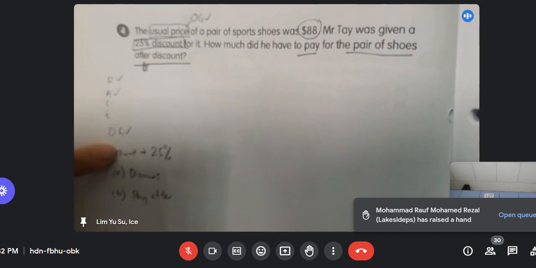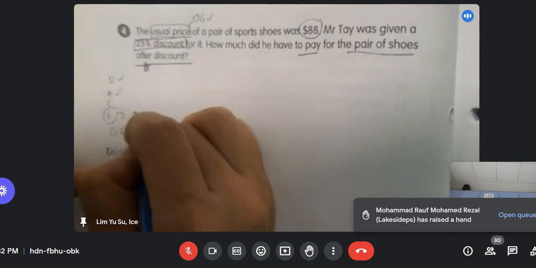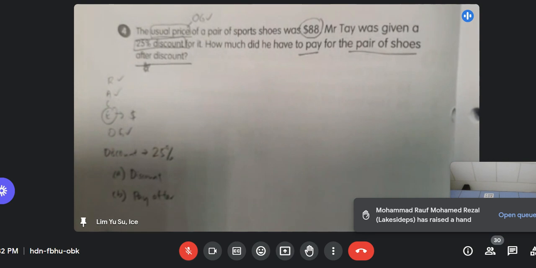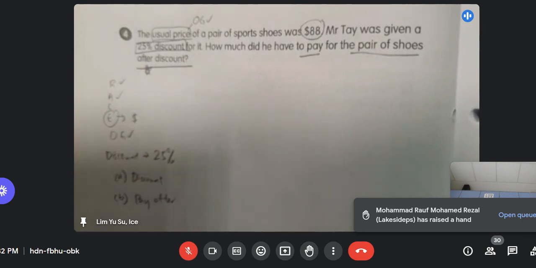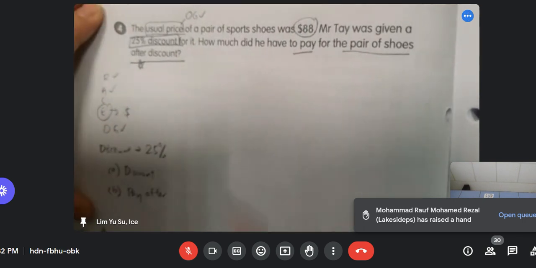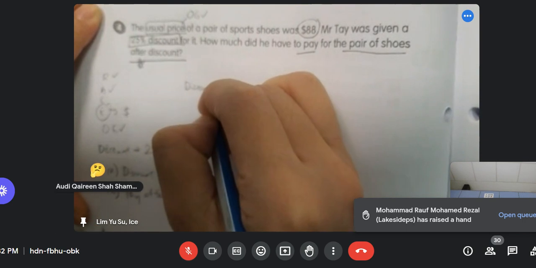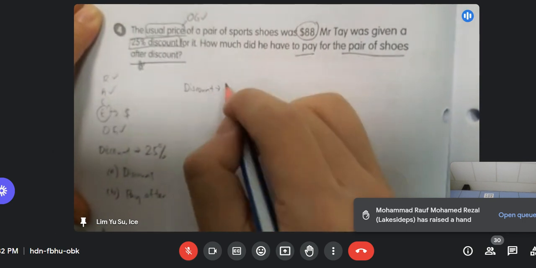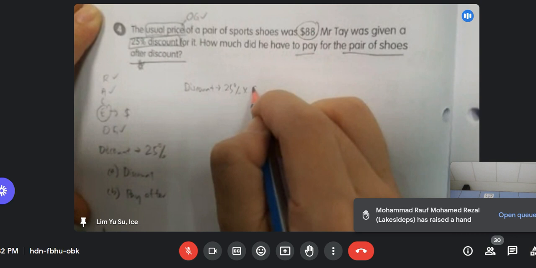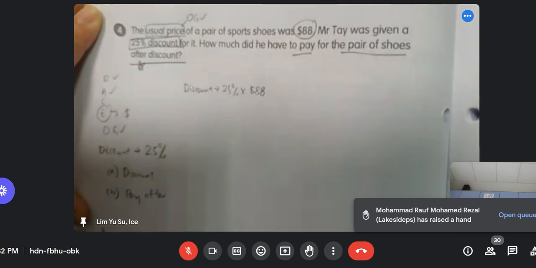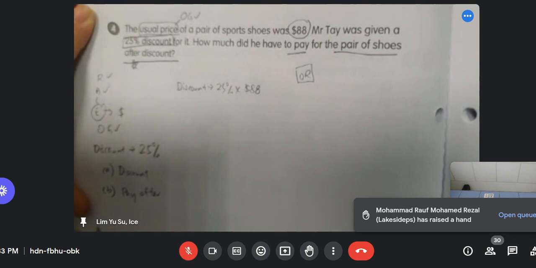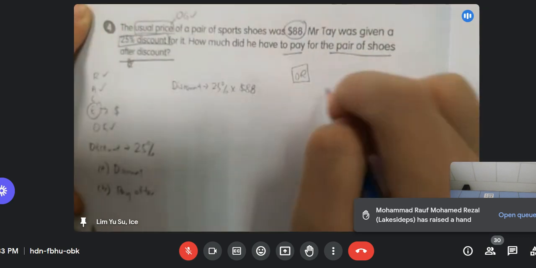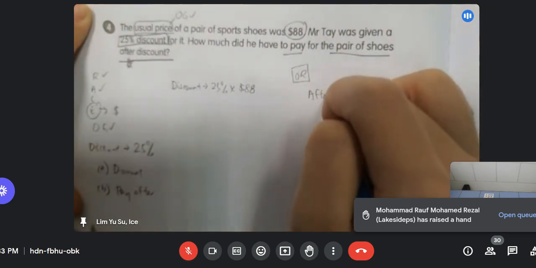Okay, so I can choose two possible methods. The unit is dollars. At this moment, I can go step by step, like how the previous questions were solved. First, I find the discount, which is 25% of $88. Alternatively, for those of us who are quite fast, I just find the after-discount percentage.